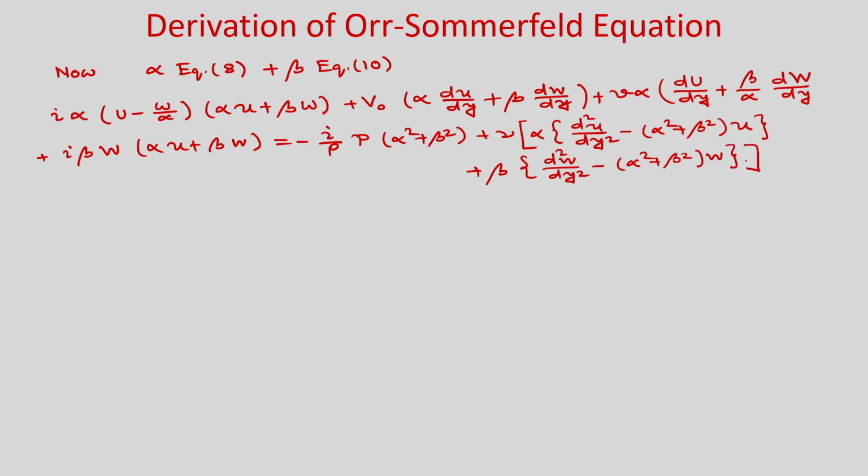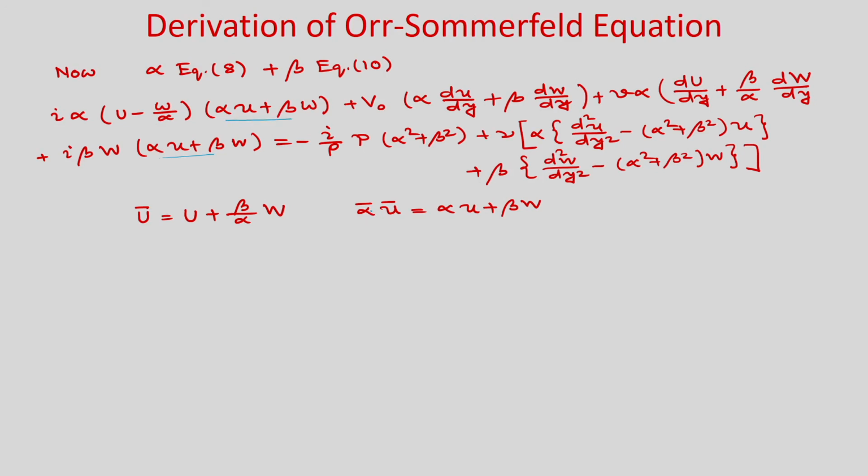Now let us use the Squire transformation. We will use u bar is equal to u plus beta by alpha w, and alpha bar u bar is equal to alpha u plus beta w. You can see from here that we have the term alpha u plus beta w here, and this is also alpha u plus beta w.